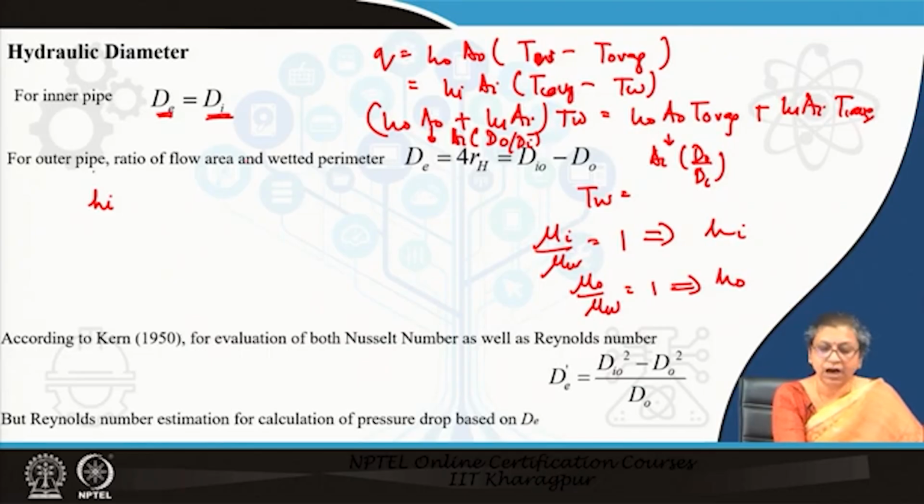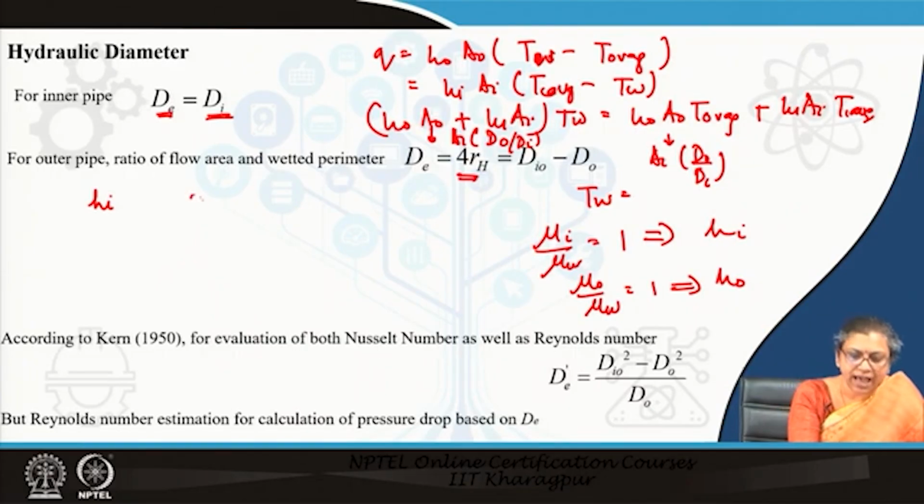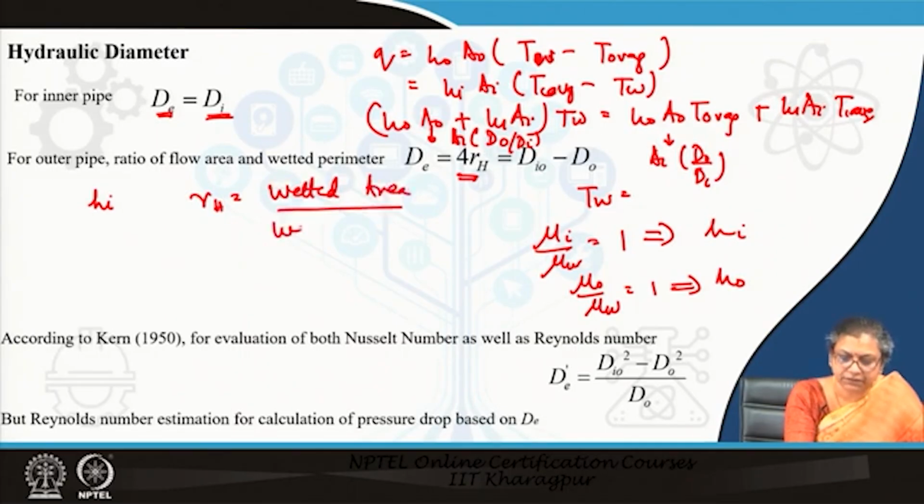When you are working with the outer pipe, then in that case the outer fluid is flowing through the annular area. We all know that for any annulus, for single phase flow through an annular area, the equivalent diameter is usually defined as the hydraulic diameter, where the hydraulic diameter is 4 times the hydraulic radius, and the hydraulic radius is defined as the wetted, or rather cross sectional area divided by the wetted perimeter.